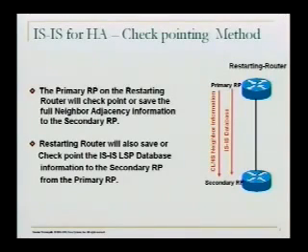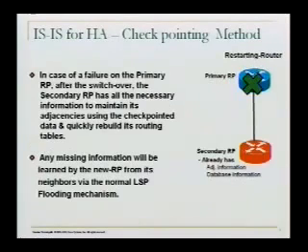I wish I could have made some animations, but sorry guys. This slide is basically two points: you checkpoint the neighbor and then the database to the standby, or secondary, as there are different names for the standby.